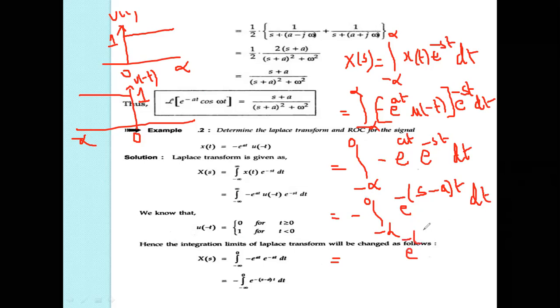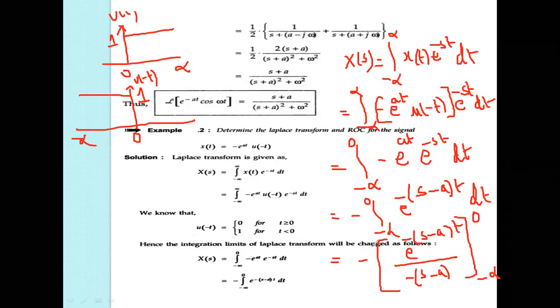E power minus (s minus a) t by minus (s minus a), because it is the coefficient of t. We are applying the integral with respect to t only. The upper limit is 0 and the lower limit is minus infinity, and the total function has the minus.